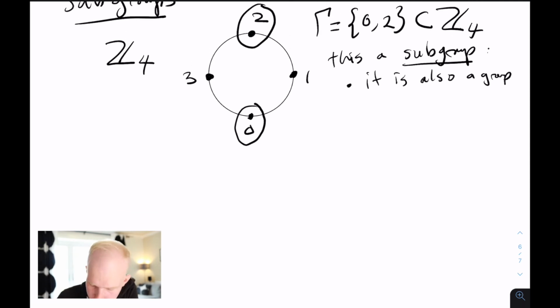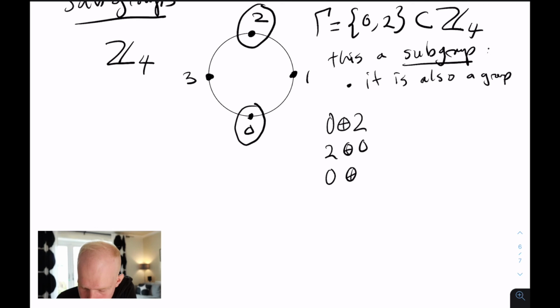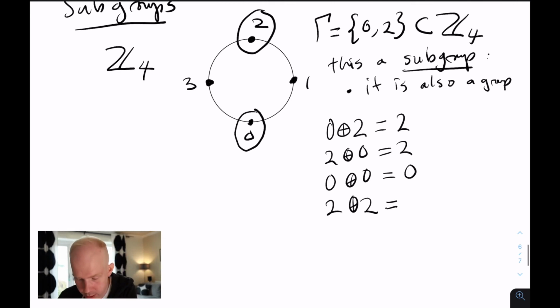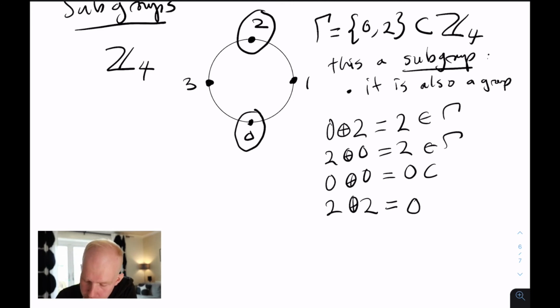For example, if you take 0 plus 2, or 2 plus 0, and 0 plus 0, and 2 plus 2, you get 2, 2, 0, and then, remember, like we did earlier, 2 plus 2 was actually 0. So these are all back in here. It doesn't escape.